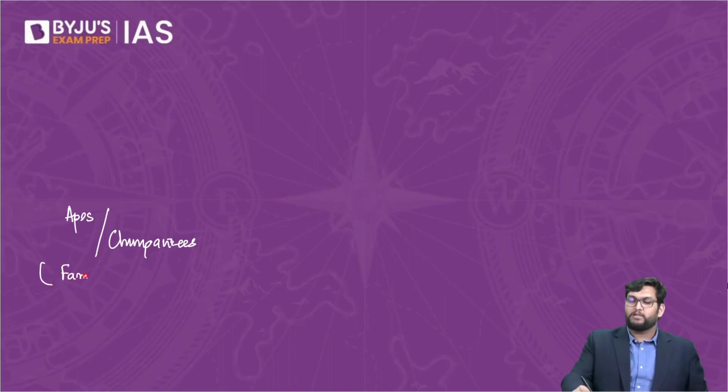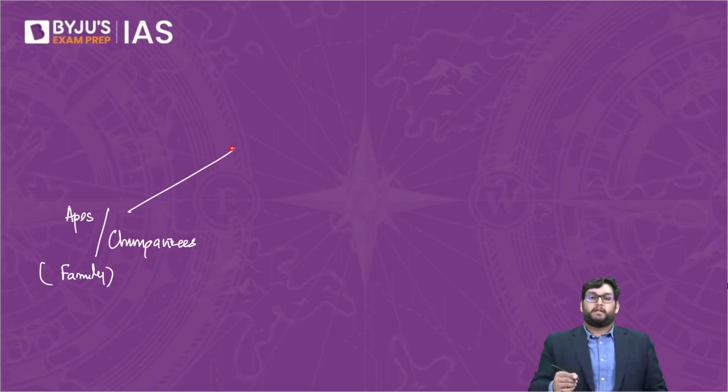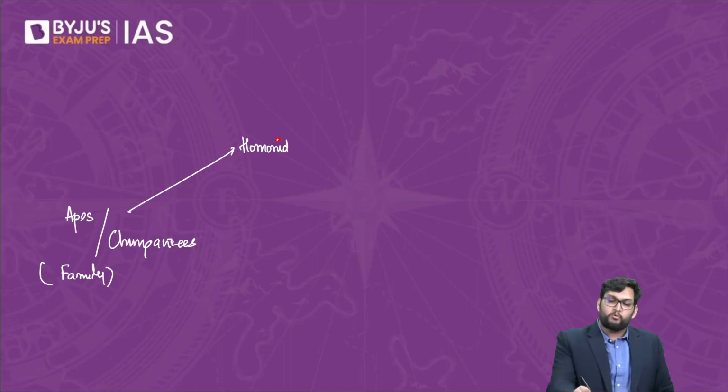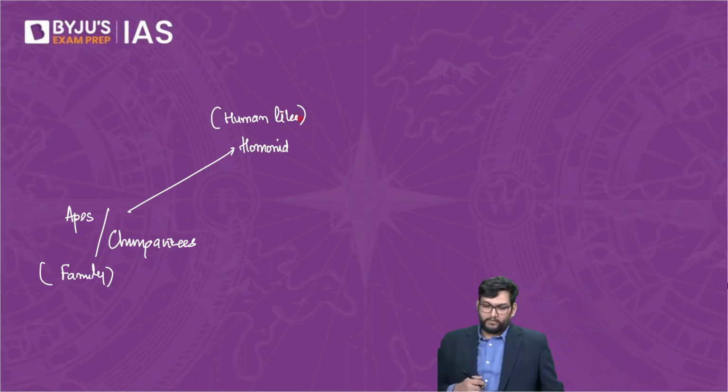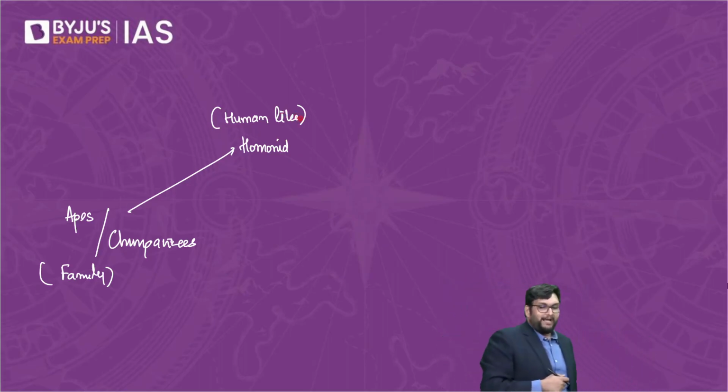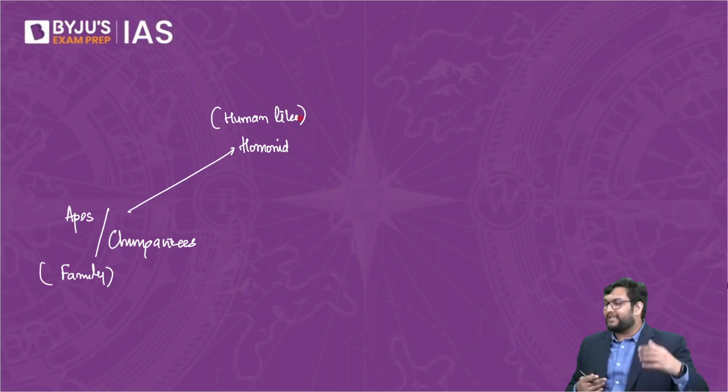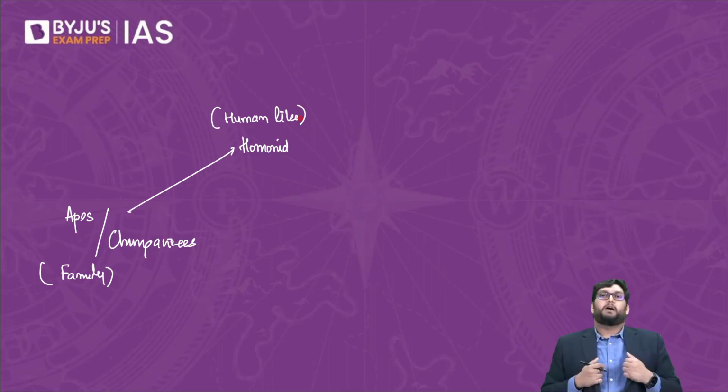But we evolved out of them into a new subgroup which is called hominid. Hominid means human-like. Now, under hominid, you and me are another subgroup which is called Homo sapien.